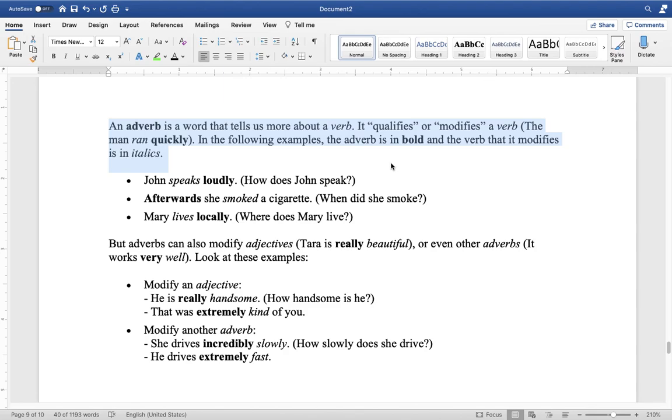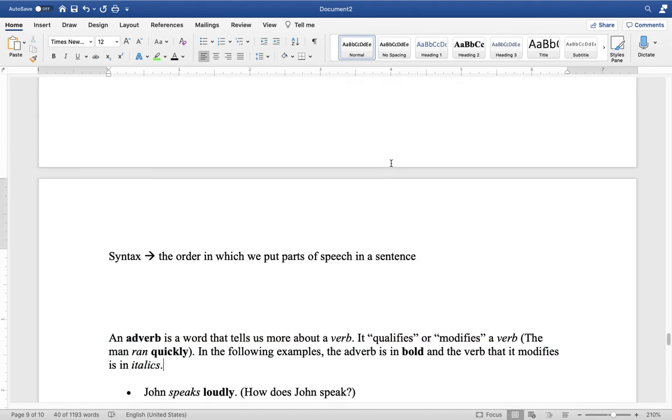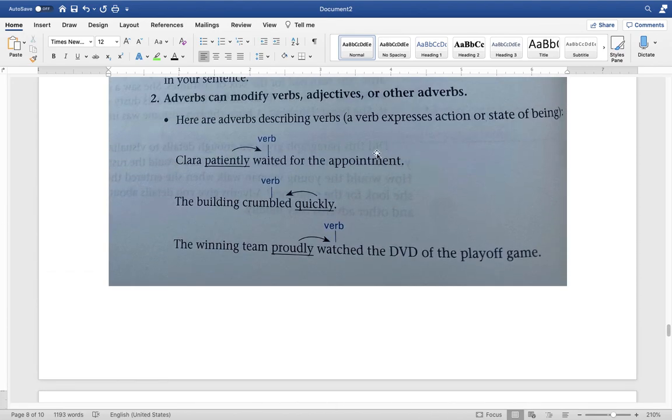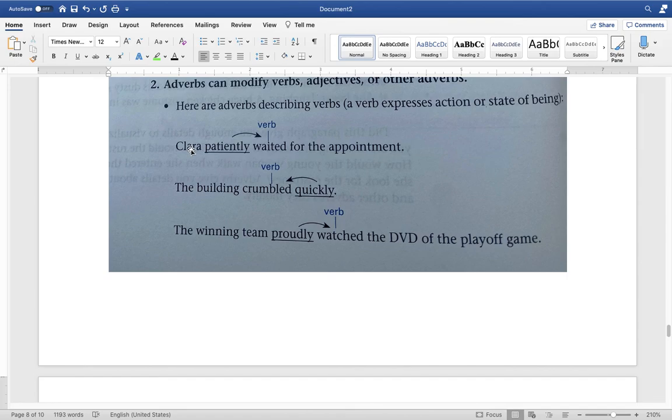So if it's really important for us to know that in whatever context Clara is waiting for her appointment, that she patiently waited, okay. If there were no reason for us to know that she was patiently waiting, depending on the context of where the sentence would be coming, I would say, why are you using the word patiently?